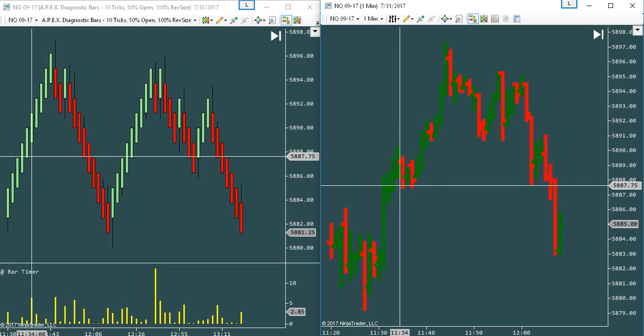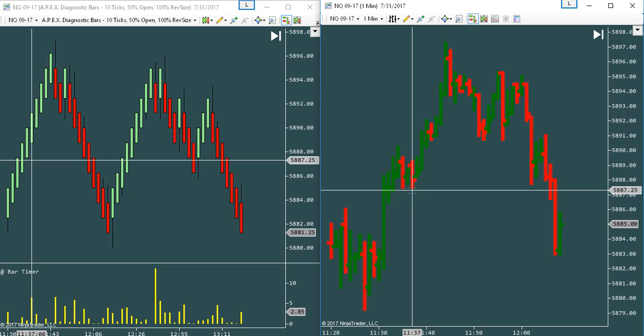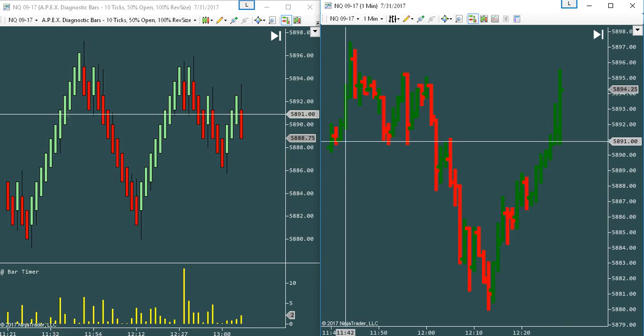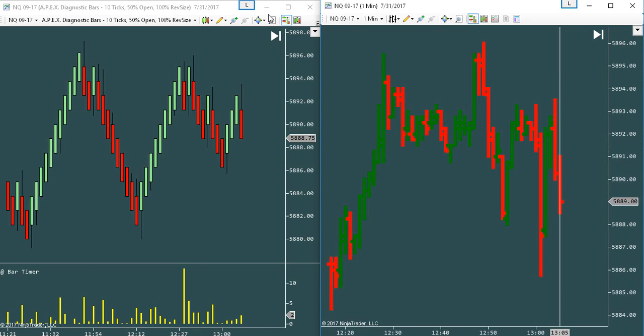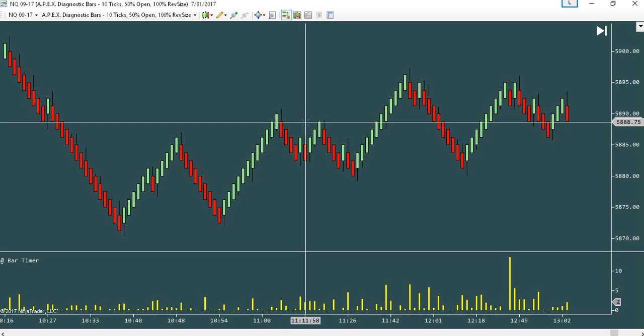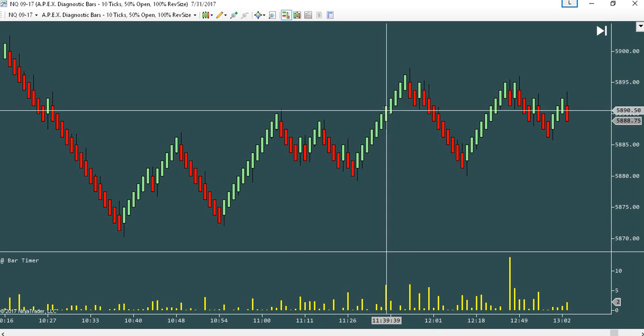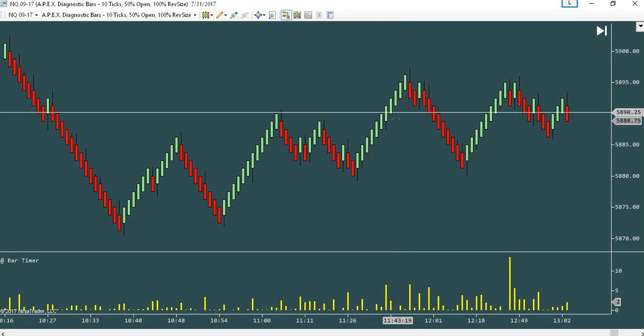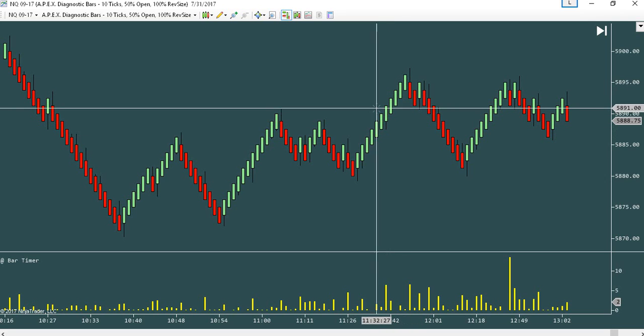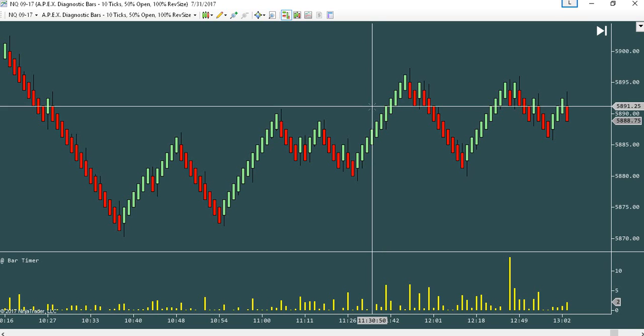But all we see over here to the left, right here, let me just move this out of the way. All we see is just one bar with a little bit of a wick pullback. No big deal, right? But that is a big deal because technically that's chop, isn't it?